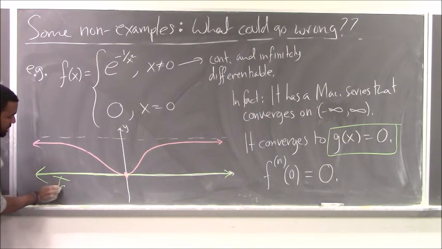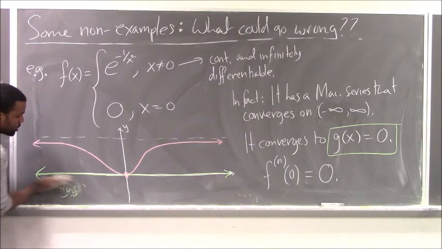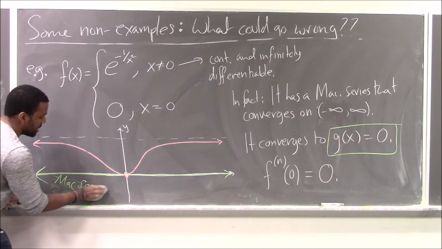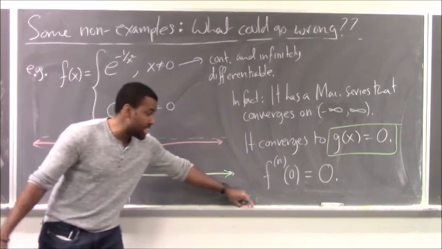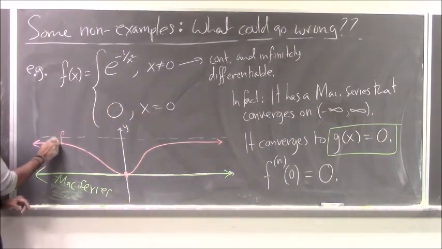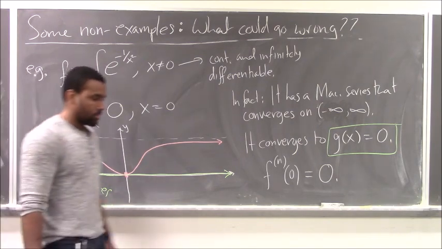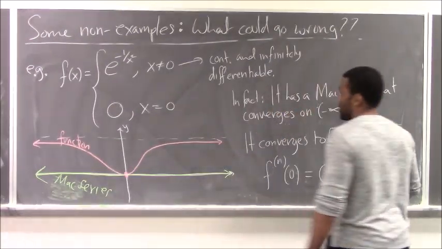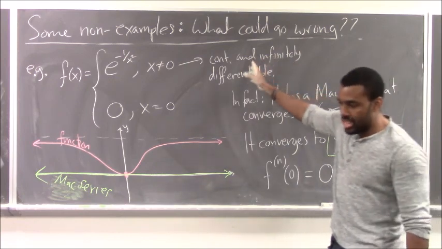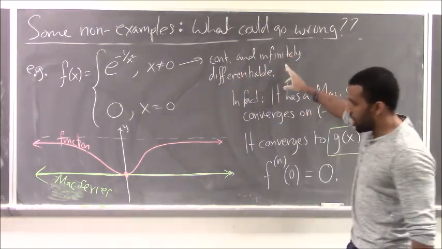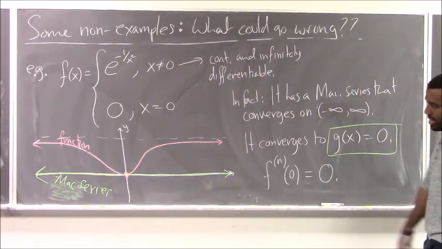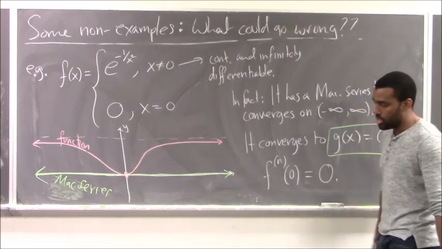So the Taylor series is this green line, or more specifically the Maclaurin series. The Maclaurin series is this green line when the function that that series represents is the red line. So this guy is nice in every sense of the word that we want to talk about being nice, but its Taylor series does not converge to the function.